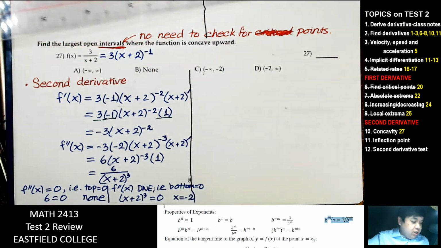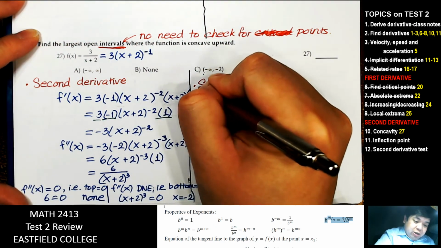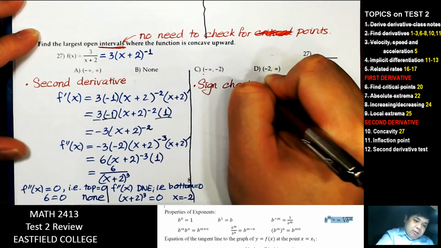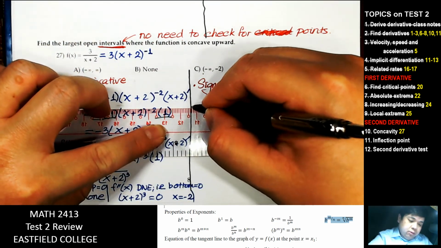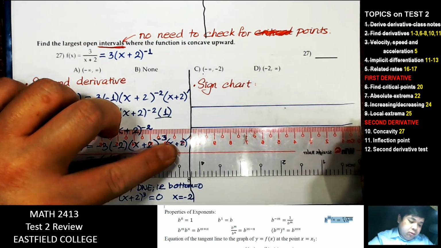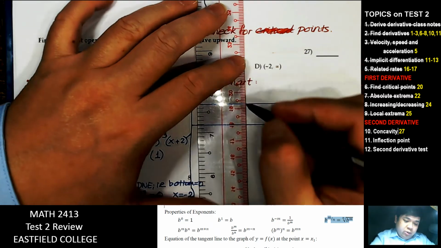We don't need to do that. What we do need to do is the sign chart. We only have one point here, negative 2.